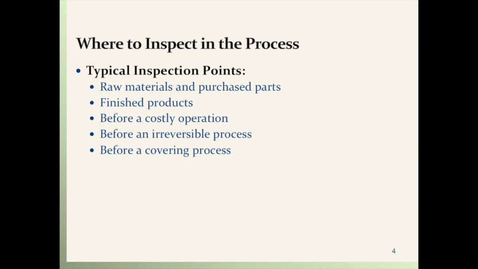It protects the board, it seals the board. So before we put that coating on, you test the board, make sure it works. And then the last thing you do is you put the coating on, and then you retest the board. So actually before a covering process, that covering is sort of irreversible.